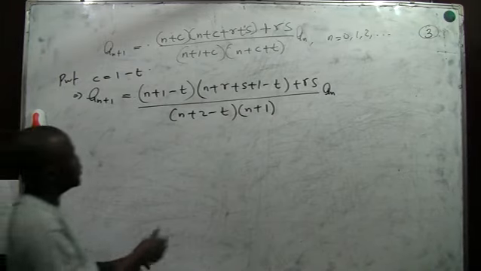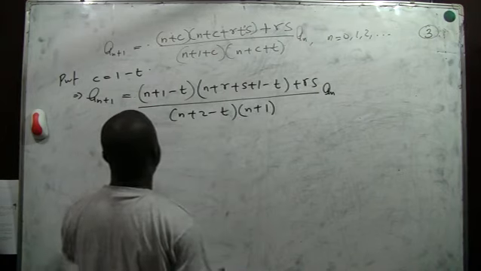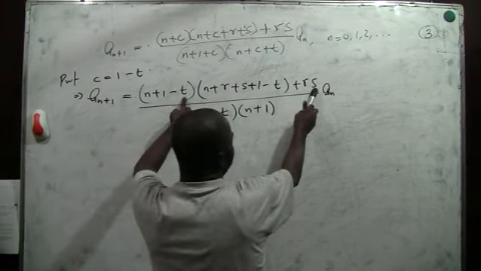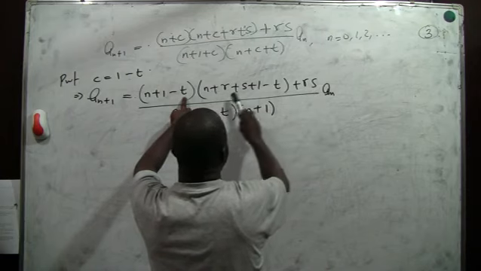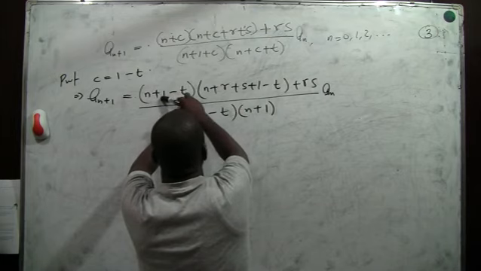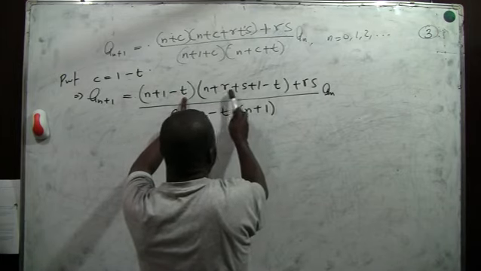Can we factorize this? Because I have n plus 1 minus t here, I have r multiplying s here, then I have r plus s here. I can actually use the first bracket to multiply one of r or s.